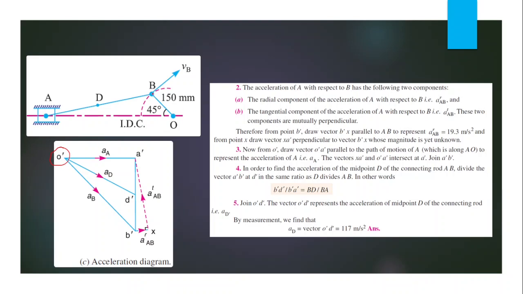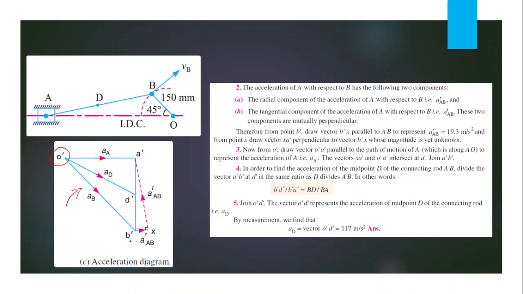Then the acceleration of B with respect to O is the radial component, which is the complete acceleration of B with respect to O. That is in the radial direction, which means it must be along link BO. Then we represent that magnitude in this direction, taking any convenient scale. There is no tangential acceleration.